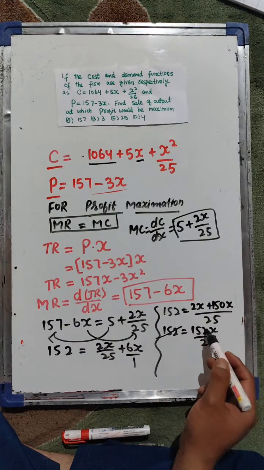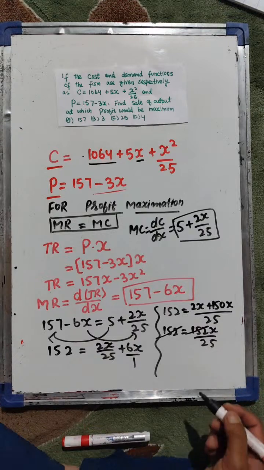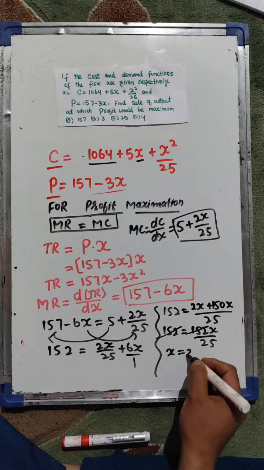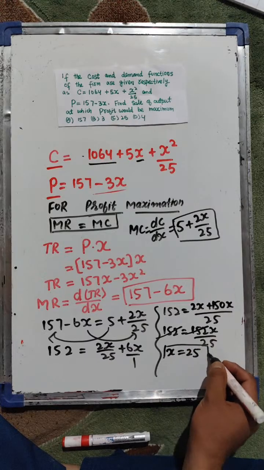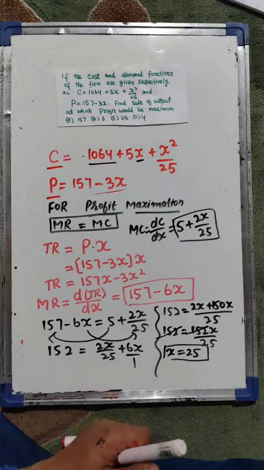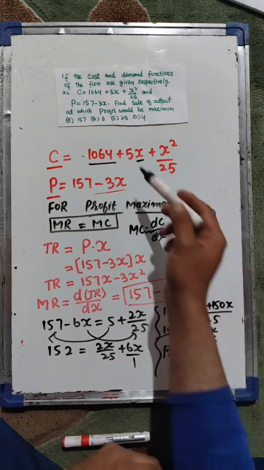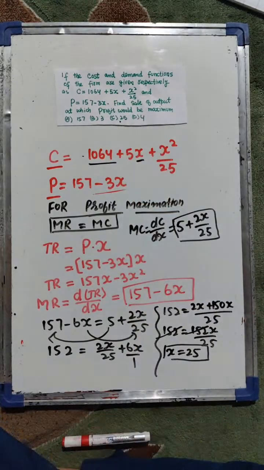Cancelling 152 on both sides, we get x equal to 25 in this case. So the profit maximizing output will be equal to 25 in this question. So the correct option should be option C. Okay.